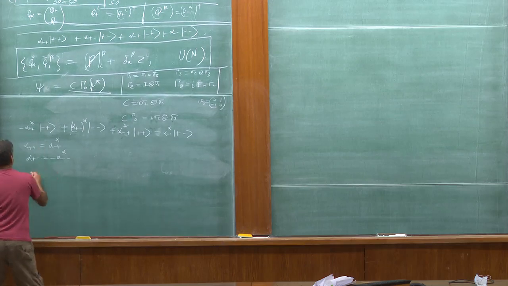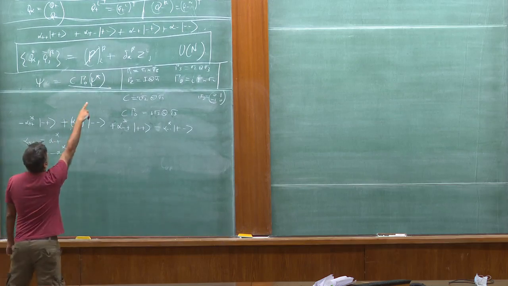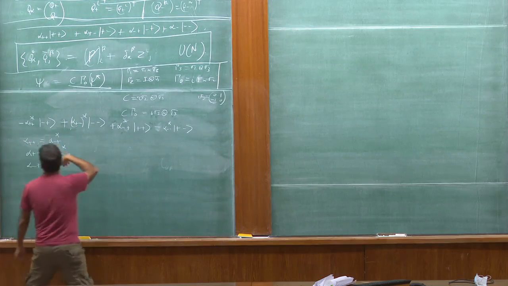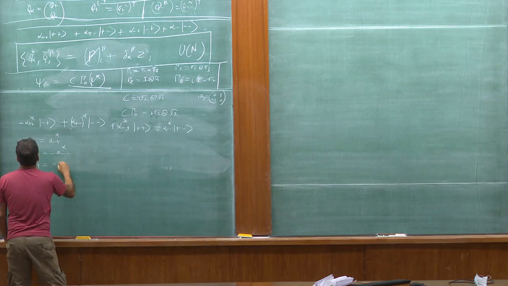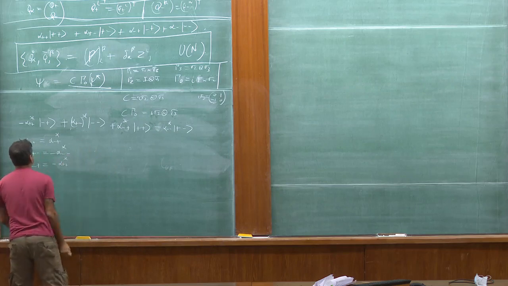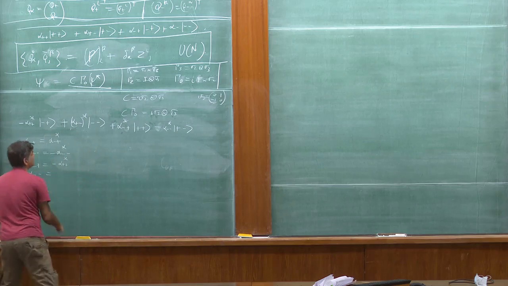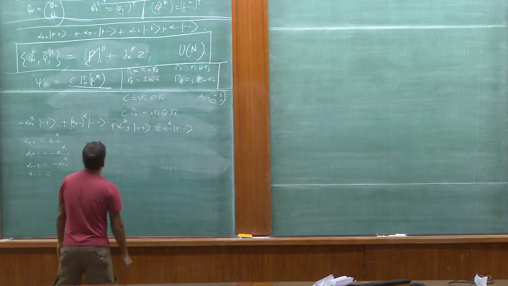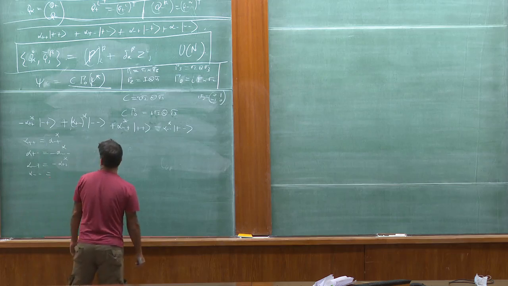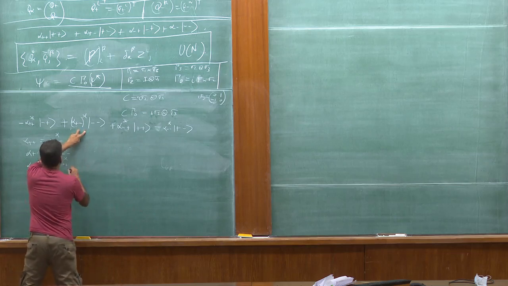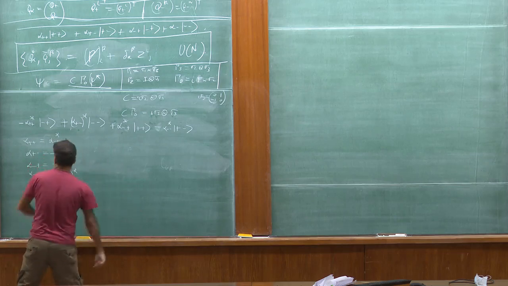Okay, alpha minus plus was equal to minus plus minus alpha plus plus star. Okay, and alpha minus minus was equal to minus alpha plus minus star.